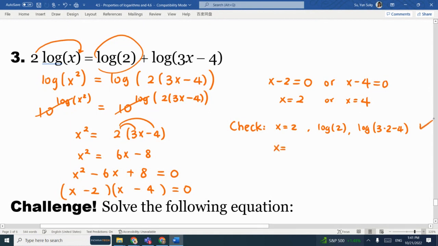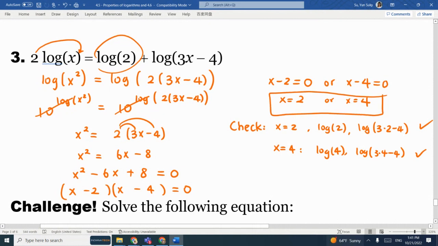Okay. How about x equals 4? So log x becomes log 4. Is that okay? How about log of 3 times 4 minus 4? Is this okay? Yeah. Both of them are okay. So both of them are solutions. Okay.